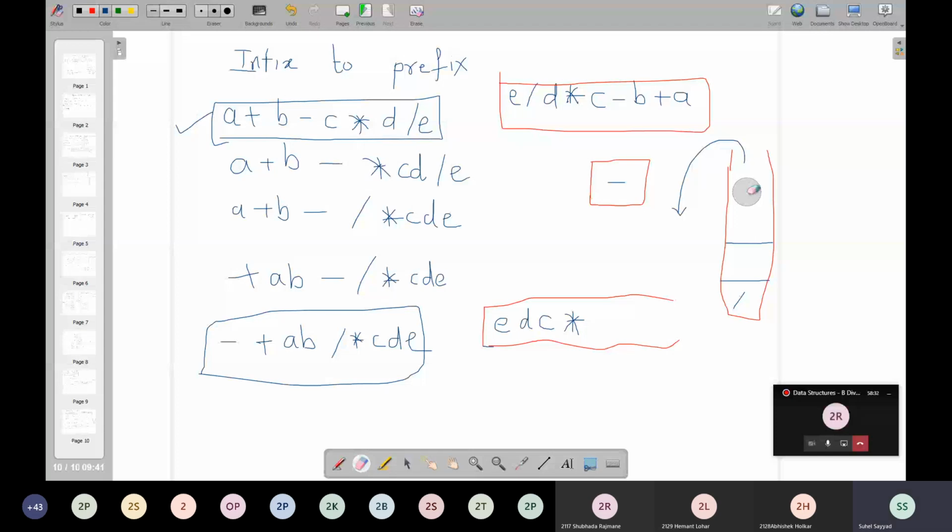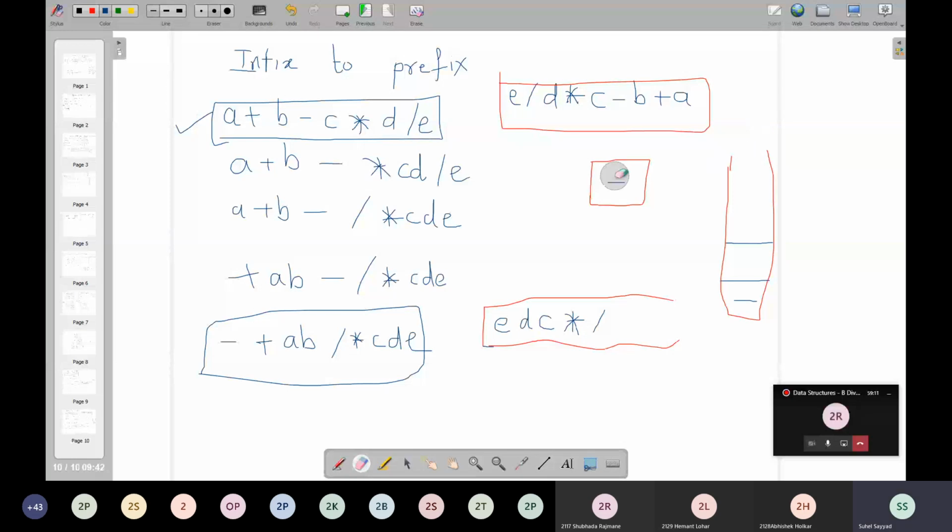So again, case number B inside step number 2 is applied, and this division will be popped from my stack. And now I'll check again, but nothing is remaining. So this minus will now be pushed on my top of stack.